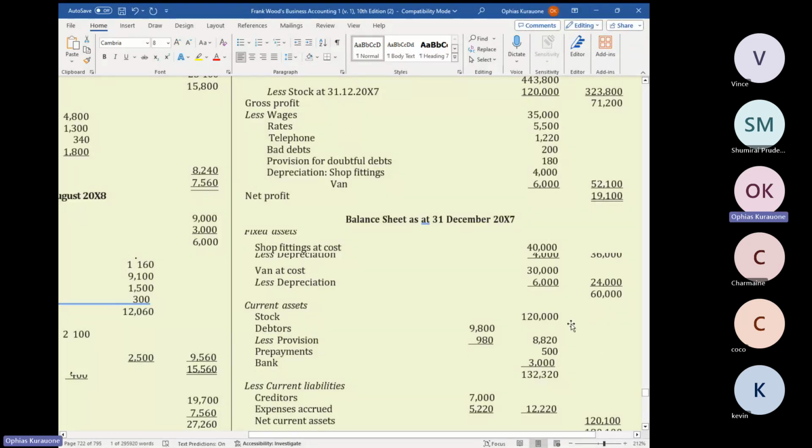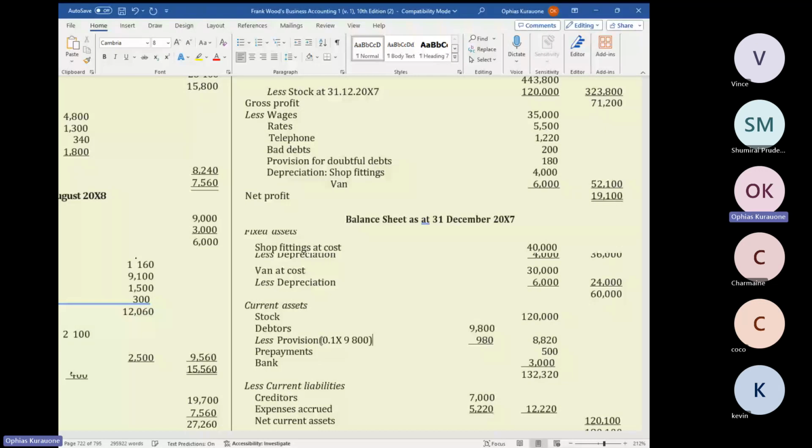Current assets: we pick the closing stock, debtors 9,800 minus provision of 980, which we calculated as 10% of 9,800, that is 0.1 multiplied by 9,800.